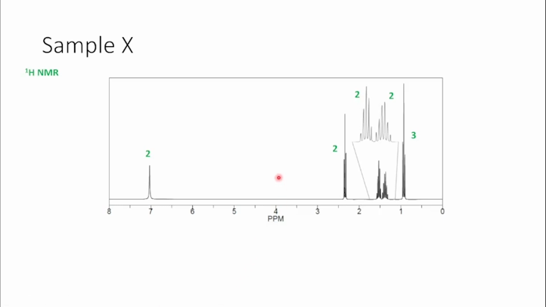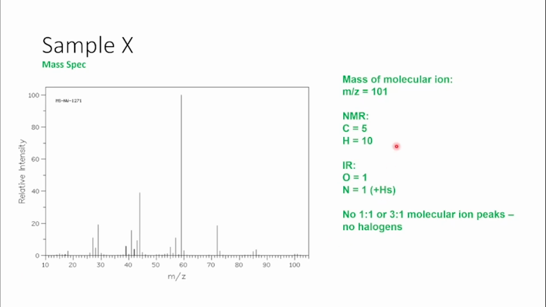For the proton NMR, we have 2, 4, 6, 8, 11 protons or hydrogens. So if we take into account these 5 carbons, 11 hydrogens, 1 oxygen and 1 nitrogen, we do end up with our molecular mass of 101. So this would be our molecular formula.